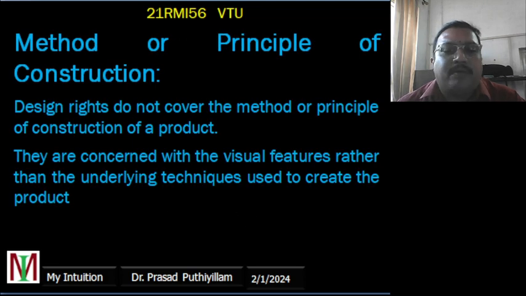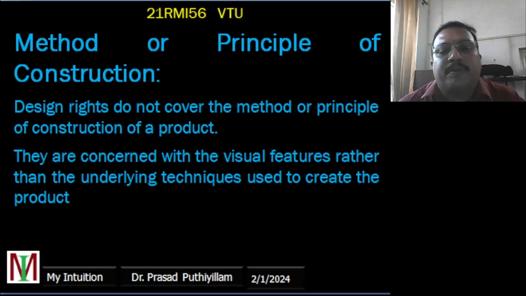Then the method or principle of construction. Design rights don't extend to the methods or principles of building a product. The focus is on how the product looks and not the specific technique used to make it.